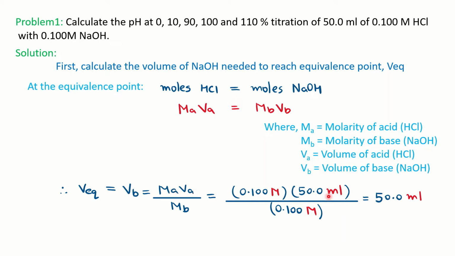The molarity and volume of the acid are given here, and the molarity of the base is also mentioned. You can calculate the volume: 50 ml of NaOH is required, which is obvious because the molarity of the acid is 0.1 as well as the molarity of the base is 0.1. Therefore, the volume should be equal for both. So we are getting 50 ml here.